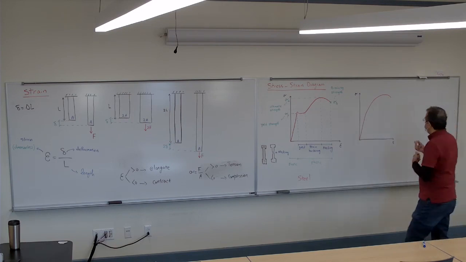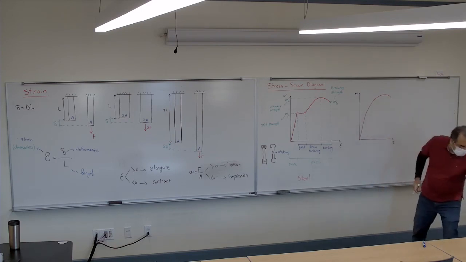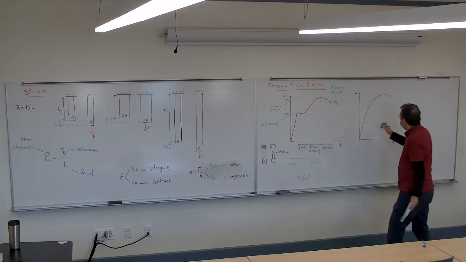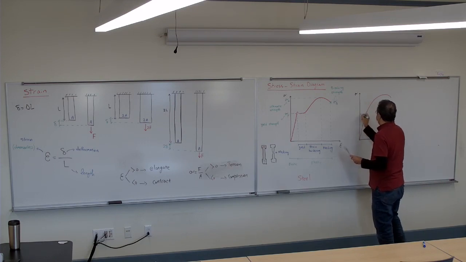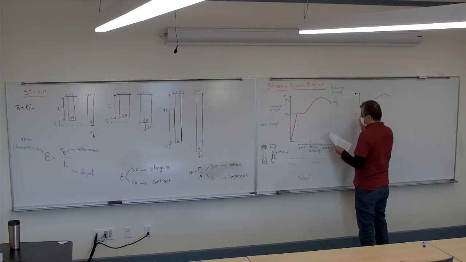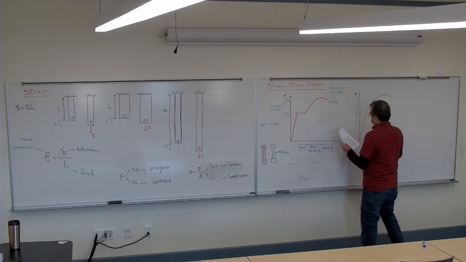So the part that is linear, this linear part, is going to be the sigma y, and then we have sigma u.